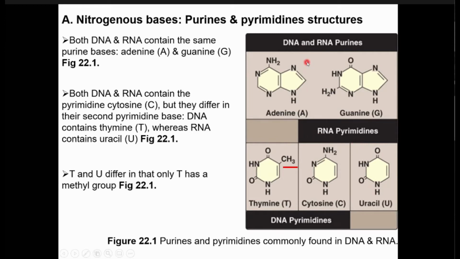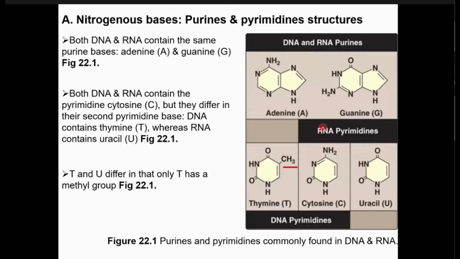As you can see, both the DNA and RNA have what we call adenine and guanine. So adenine and guanine, these are purines, and they are both found in DNA and RNA.